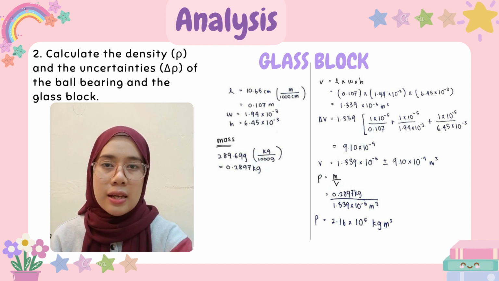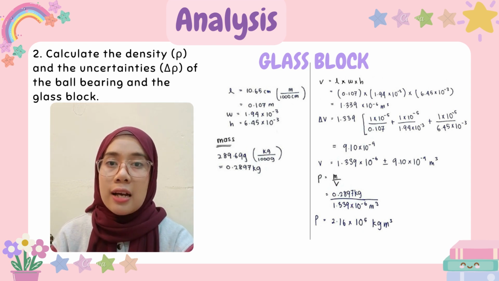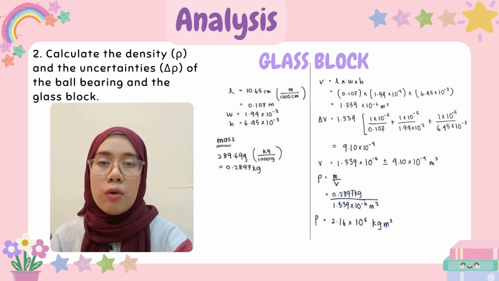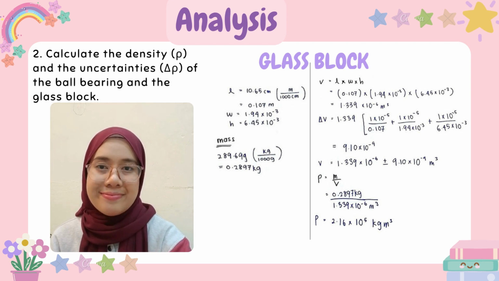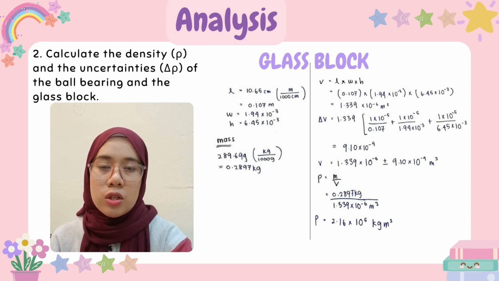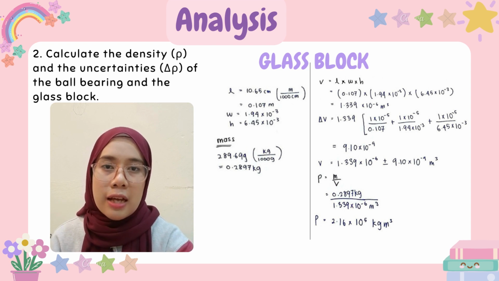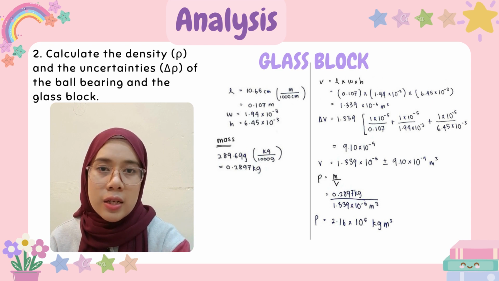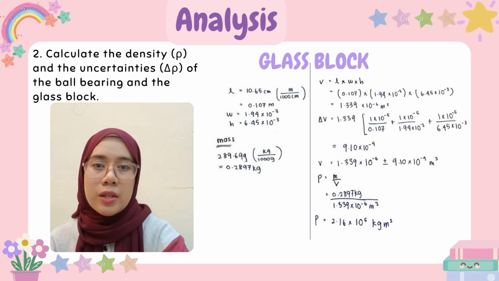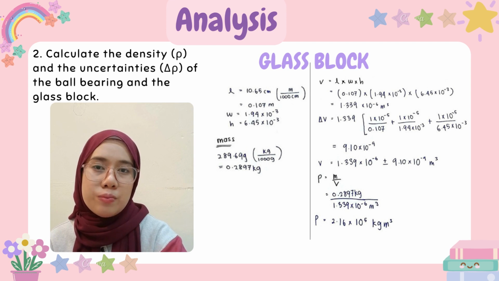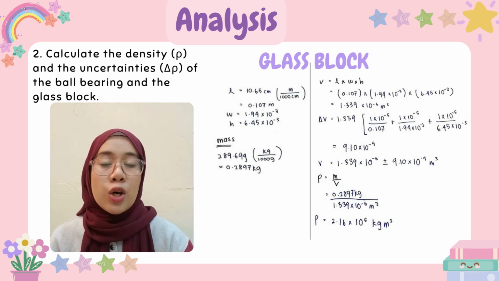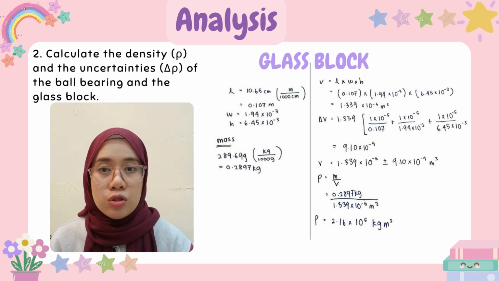And lastly, close the bracket. So the answer to this equals 9.10 times 10 to the power of negative 9. Volume equals 1.339 times 10 to the power of negative 6 plus minus 9.10 times 10 to the power of negative 9 meter cube.